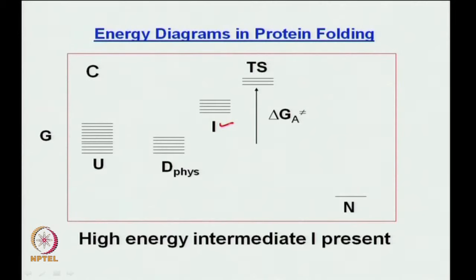It is still delta G_a hash. So, here k_f is equal to nu kappa e to the power minus delta G_a by RT, where tau_f is equal to 1 by k_f, say this is tau_c, and then I can write tau_c would be equal to tau_a, because it is the same thing.